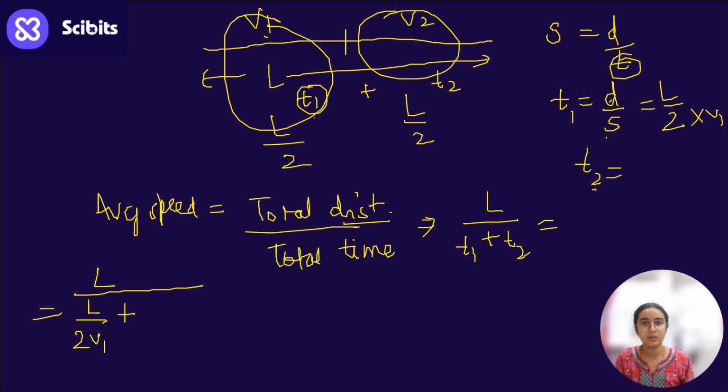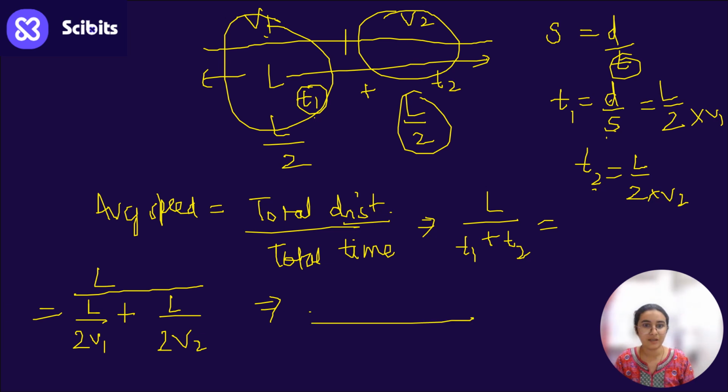For T2, same distance upon speed. Distance was L by 2 and the speed was V2. So L by 2 V2, right? Now I will just simplify it.